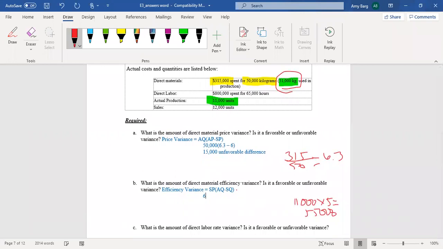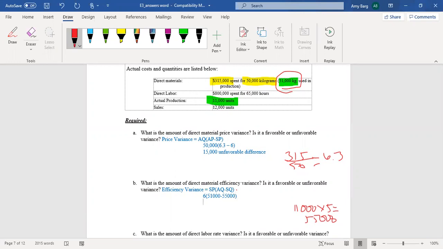So the standard price is 6, and then the actual quantity was 51,000 units, and the standard quantity was 55,000 units. If you just do the math, you'll get a negative 24,000. Negative numbers, if you use the equation this way, tell you that it's a favorable difference. The amount that you actually used is less than the amount that you were supposed to use.